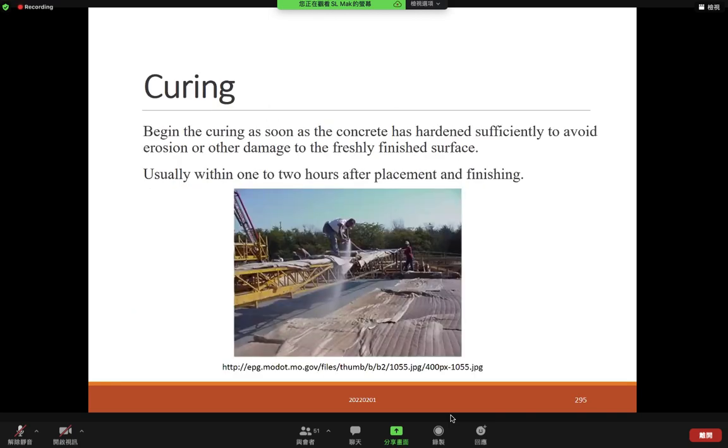We start the curing process when the concrete has hardened sufficiently to avoid erosion or other damage to the finished surface. It will usually be within 1 or 2 hours after placement and finishing.